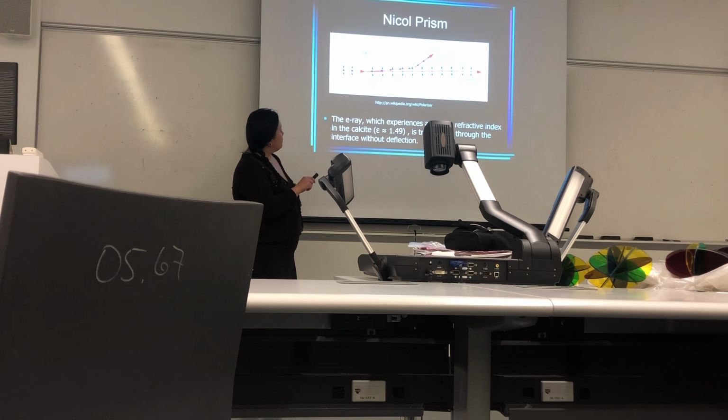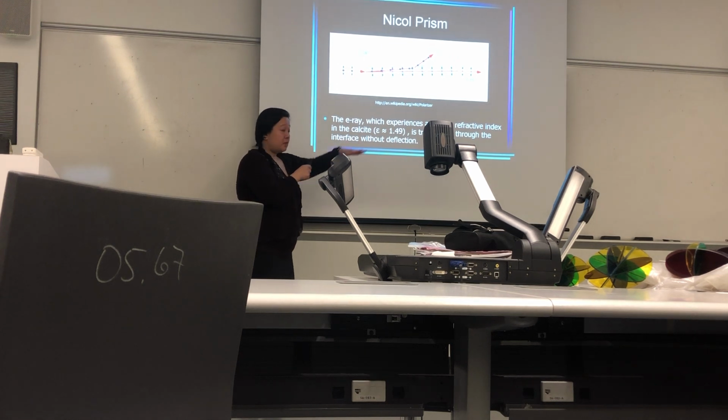So I've got my two light rays over here now. I still have my light ray that's vibrating up and down. Over here it's the E-ray. And then I have a light ray that is vibrating in and out of the screen, and that's my O-ray. And the O-ray happens to be hitting this Canada balsam interface. So remember, this is a different material inside over here.